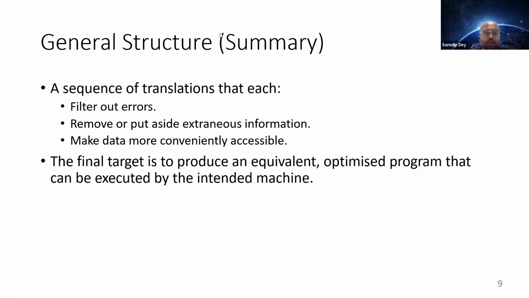Now, let's quickly look at the chat. So Soren has mentioned it does not have to be an executable. It can be a library. Well, when it comes to a compiler, the final output is actually an executable version of your program source code.